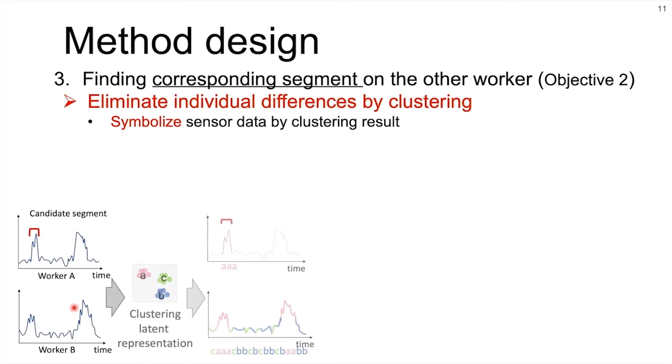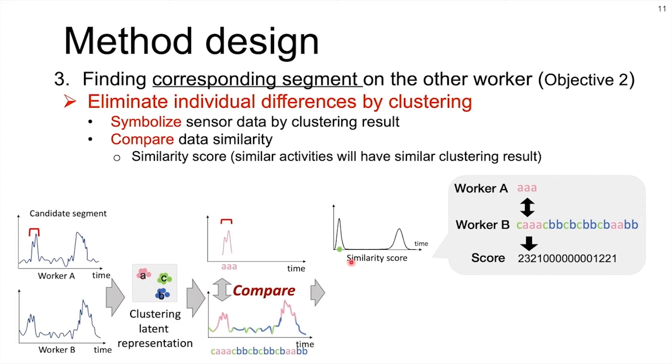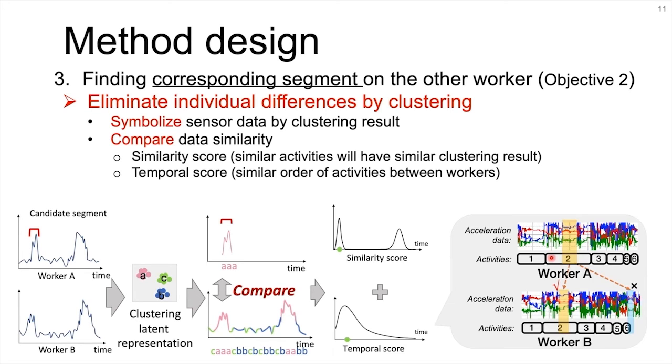I first simplify the raw sensors into symbols according to the clustering result of the latent representations. Then I calculate the similarity score to find the most similar symbols on the other worker. I also calculate a temporal score to remove the segment that is similar in activities but different in timings.